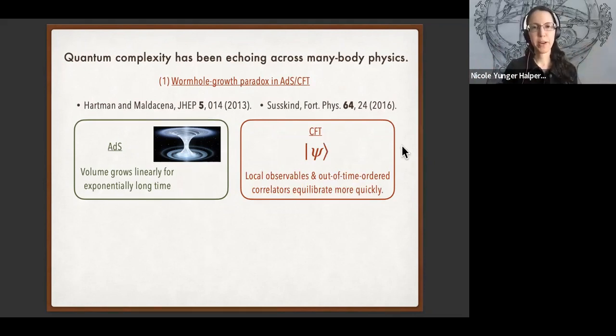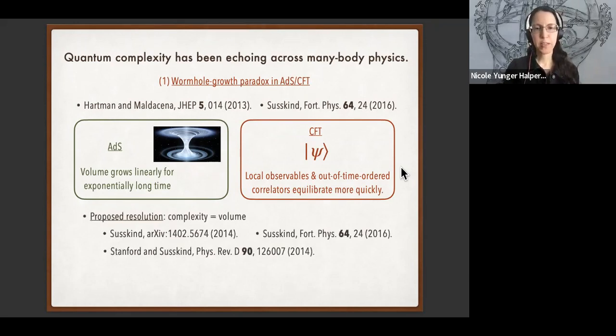The wormhole growth paradox is, how is it that there is supposedly a duality between these two pictures, but this picture has a quantity that grows in this particular way over a very long time, and the CFT seems not to have a corresponding quantity that grows with the same time scale? A resolution was proposed in the complexity equals volume conjecture. According to it, this wormhole volume is dual to the quantum complexity of this quantum state. Since this resolution was proposed, other alternatives have been proposed.